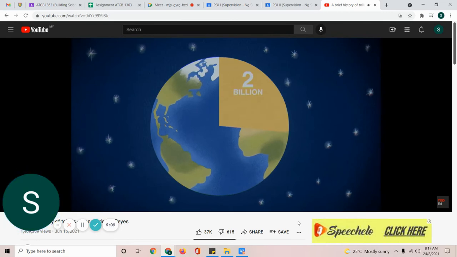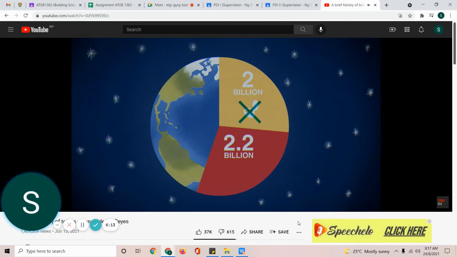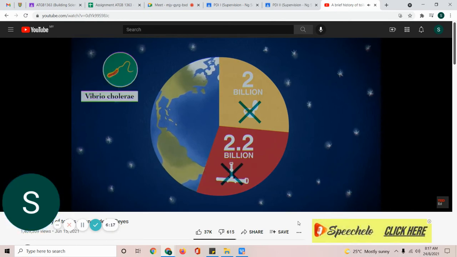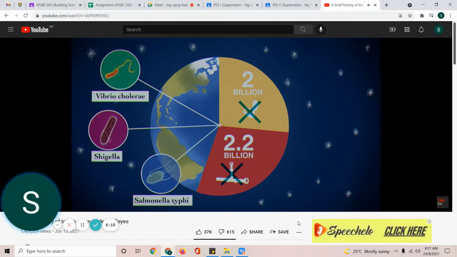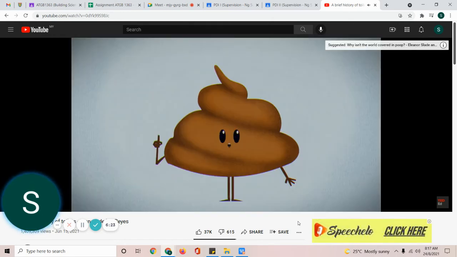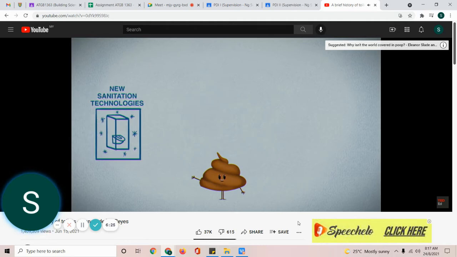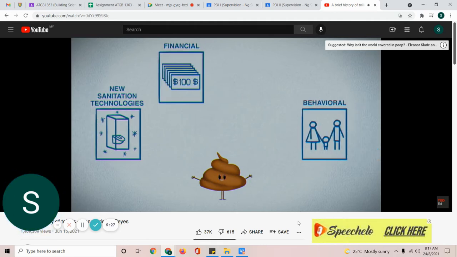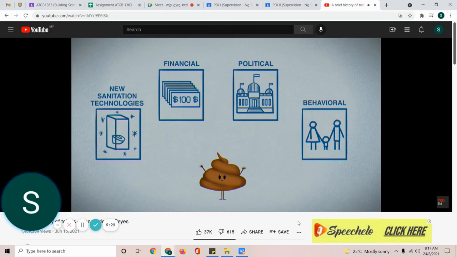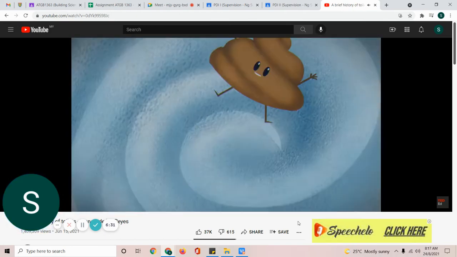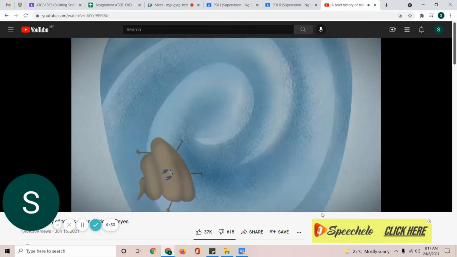But roughly 2 billion people still don't have their own toilets at home, and another 2.2 billion don't have facilities that properly manage their waste, putting these communities at risk of numerous diseases. To solve this problem, we'll need to invent new sanitation technologies and address the behavioral, financial, and political issues that produce inequity throughout the sanitation pipeline.